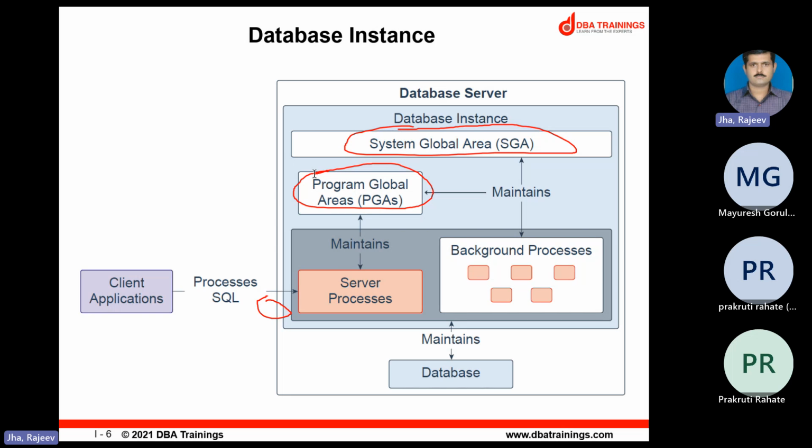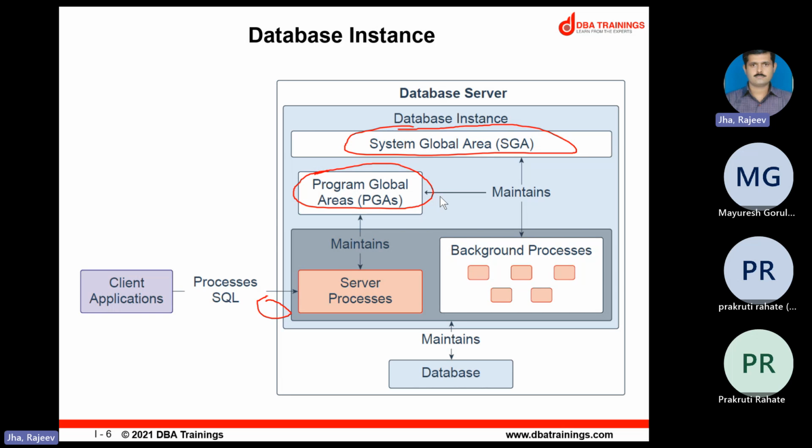In shared mode, the PGA is a part within the SGA, like you can see here, within the memory area itself. The Oracle database also creates a lot of server processes, and the server process handles the connection to the database on behalf of your client program.